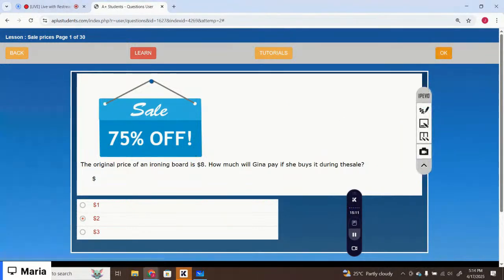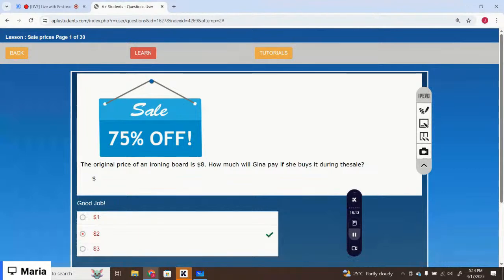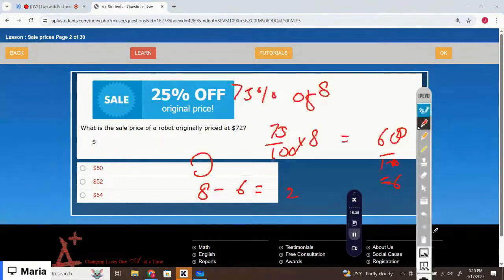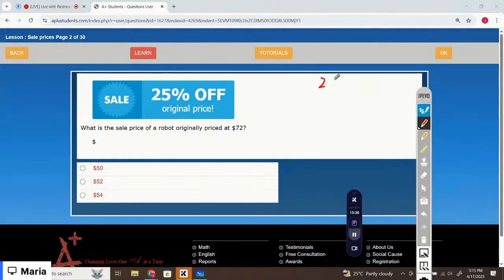What is the sale price of a robot originally priced $72? Suppose the robot is on 25% off, right? So let's just calculate 25% of 72. That is 18.